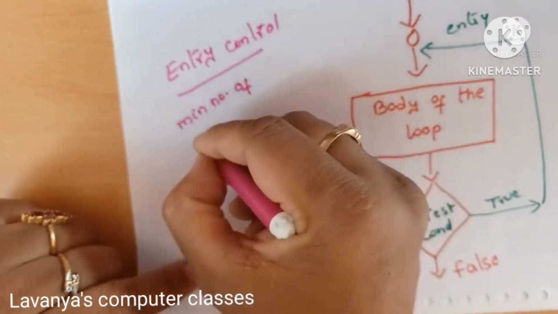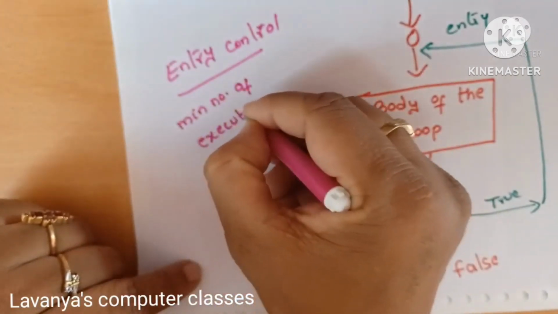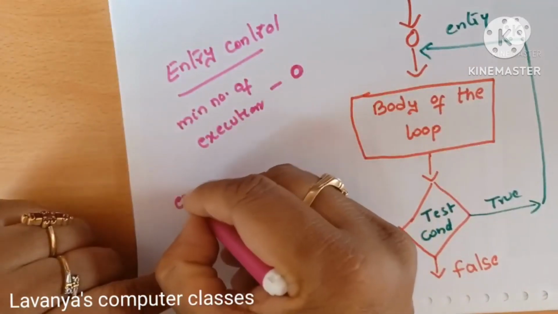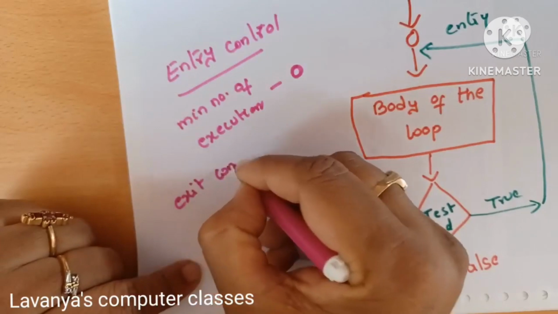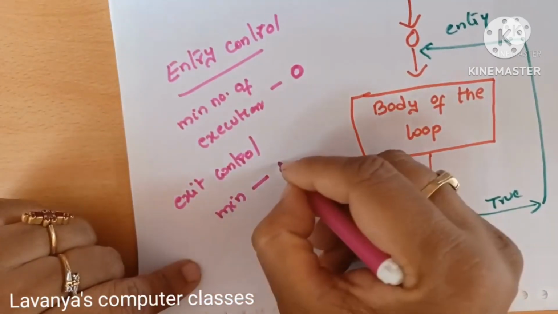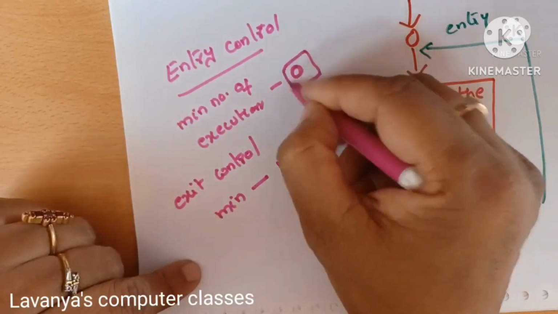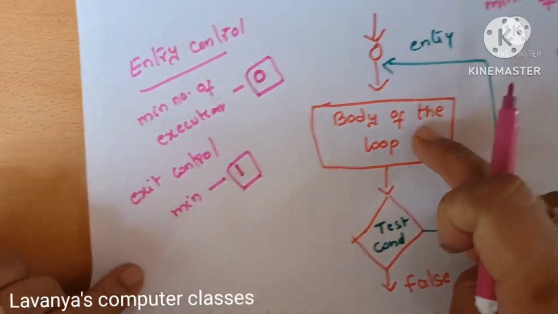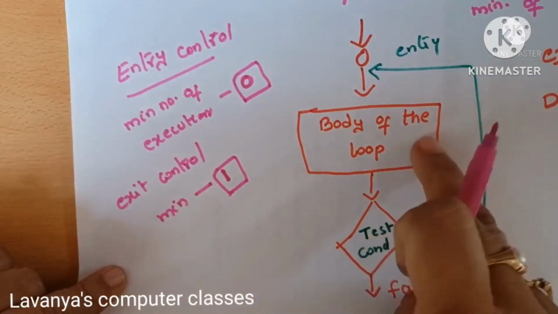If the condition is false, then it is not necessary to execute even once, and it exits from the loop. In the exit control loop, the minimum number of executions is 1, because even if the condition is false, it is executed once. First it executes, then only checks the condition.